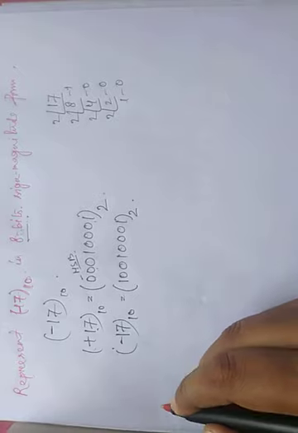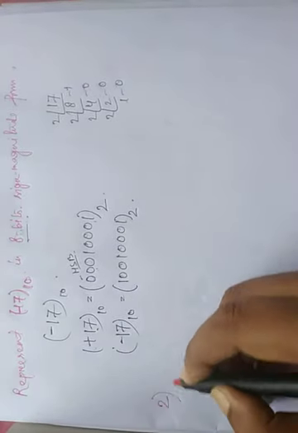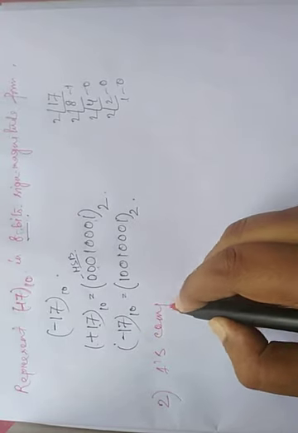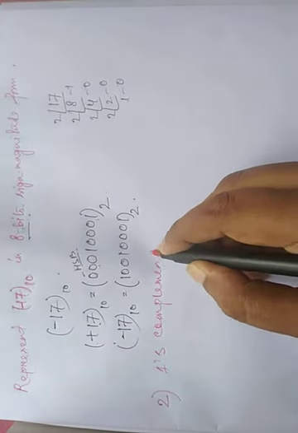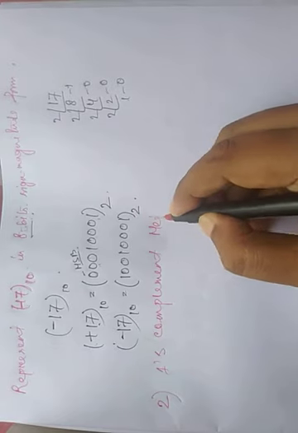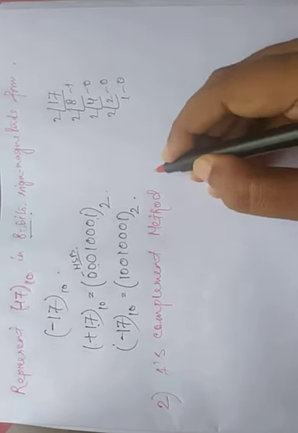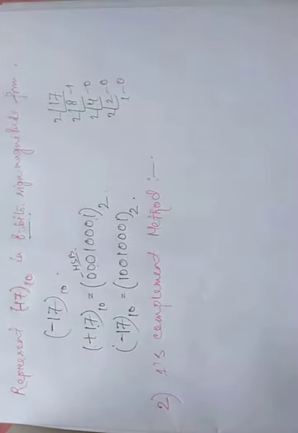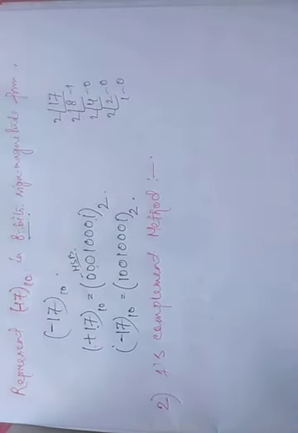Now the second method, ones complement method. Ones complement method, that means 1's complement representation. Okay, so what is 1's complement representation?